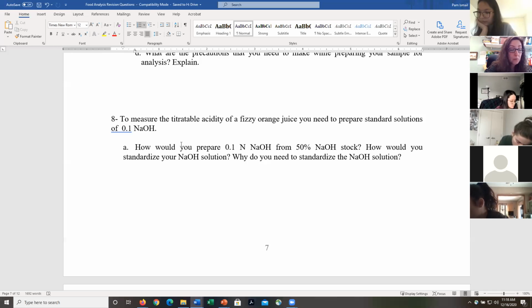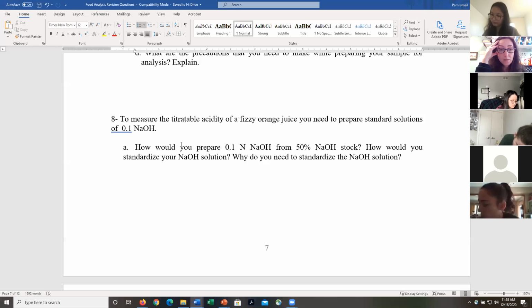Because NaOH is impacted by any dissolved CO2 in the sample, because CO2 will react with the sodium and give you sodium carbonate. The normality will go down. And also you need to make sure that you're using the accurate normality to determine, as accurately as possible, titratable acidity.